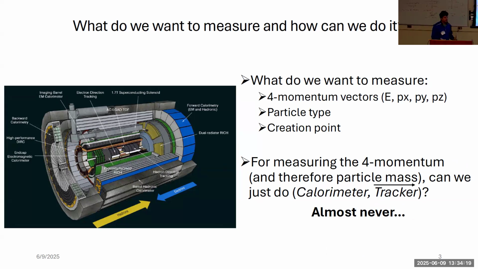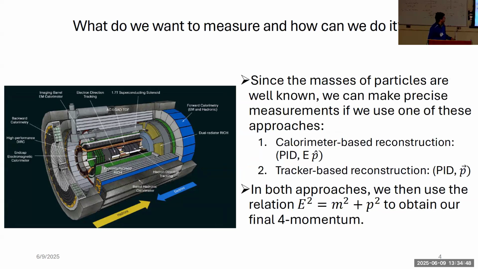The reason for that is basically that calorimeters and trackers have uncertainties on the order of a few percent at best. You measure a momentum vector with some 1 to 10% uncertainty, and similarly with the calorimeter, you measure the energy to a similar level. So you can't really reconstruct the mass because you're trying to subtract two large quantities to get a small quantity. So what you actually do is there are two types of approaches.